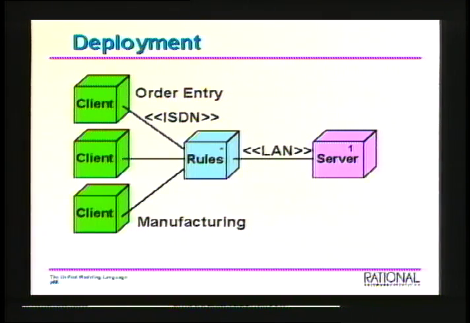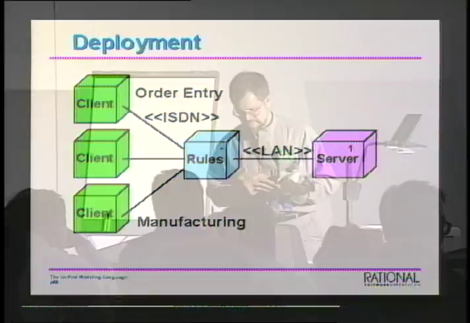So this would represent the layout of a client-server system. Again, we can use this concept of stereotype to represent, in this case, how the communication channels between them are implemented. So another use for the stereotype concept to show a little more detail about the structure of a system.